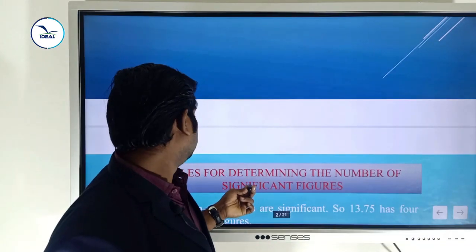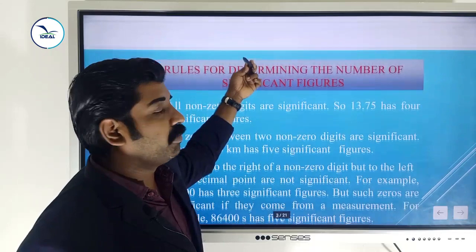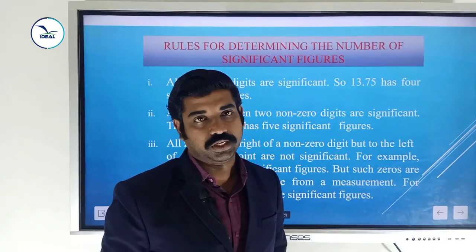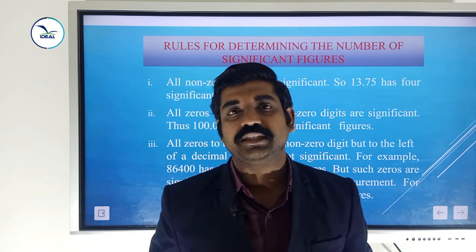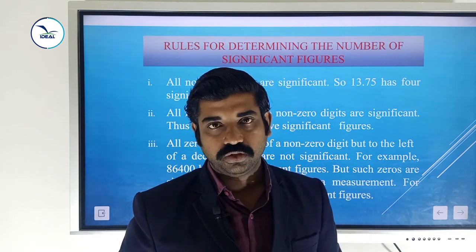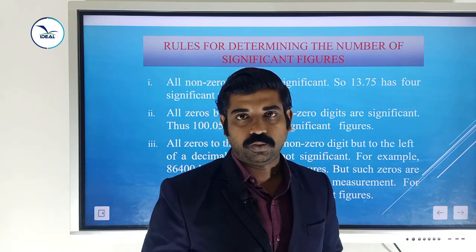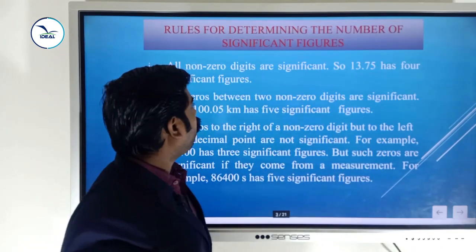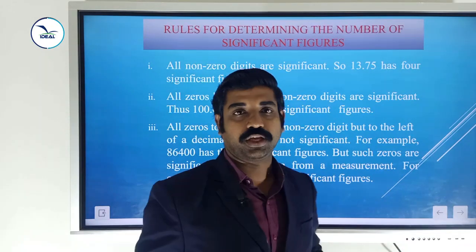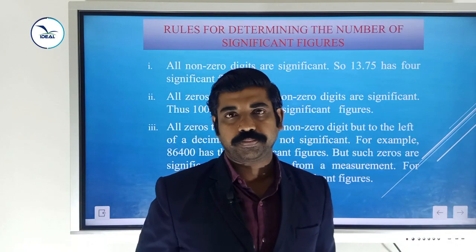There are some rules for determining the significant figures. What are the rules? The first one: all non-zero digits are significant. Very clear.